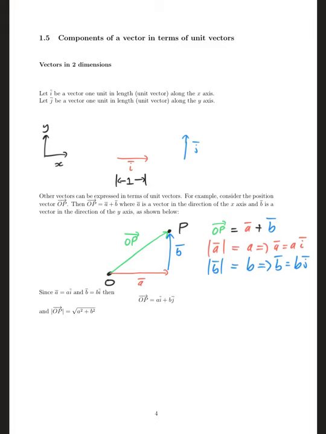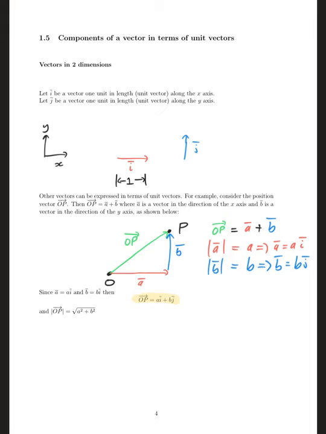So now we can break down OP in terms of i and j. OP is equal to a times i plus b times j. So this is really just like x and y coordinates, except that instead of x and y, we're using our i vector in the x direction and our j unit vector in the y direction.